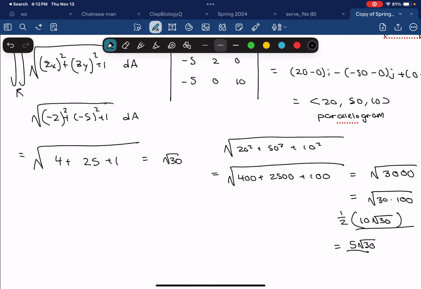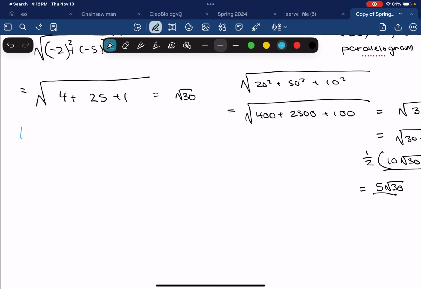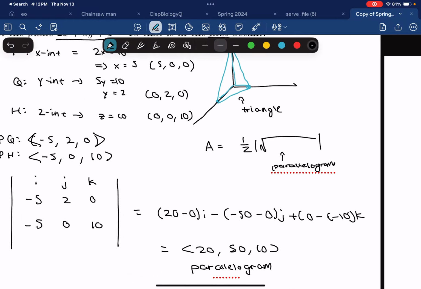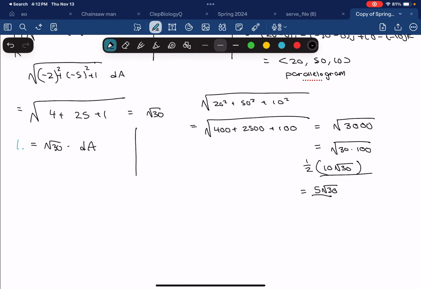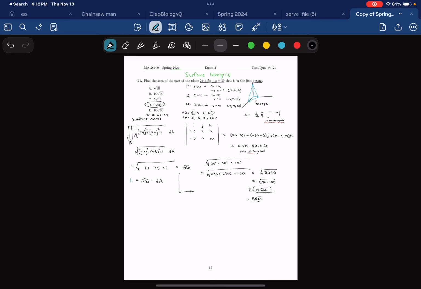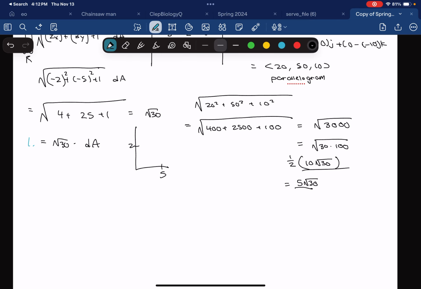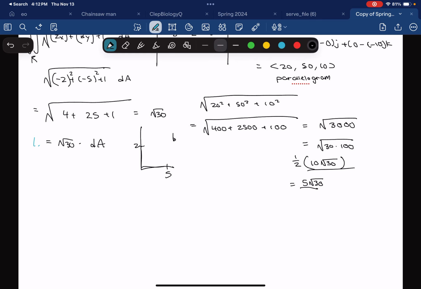Now, this is where it diverges. So you now have the square root of 30, and in order to find this area, it's the square root of 30 times the area under here. You know it's a triangle, right? So if you have your triangle, and you have your x point, which is at 5, and your y point, which is at 2, you just know base times height over 2, which is 5 times 2 over 2, which just gets you 5.